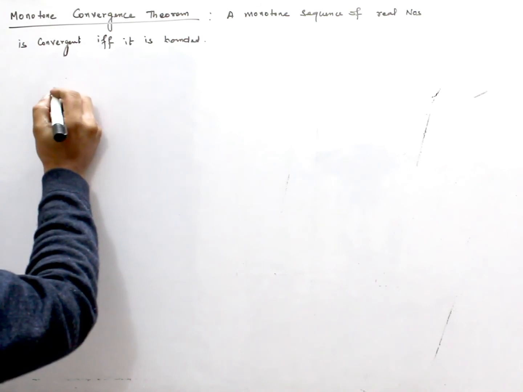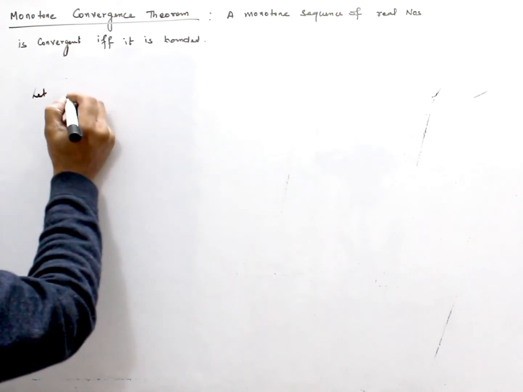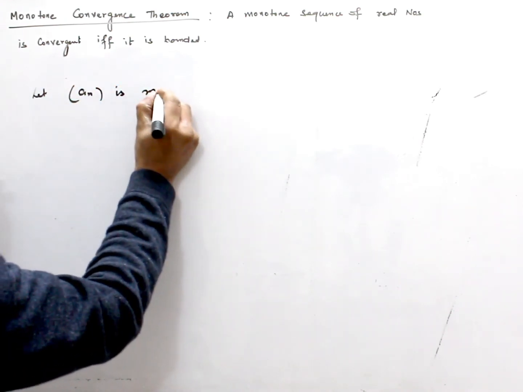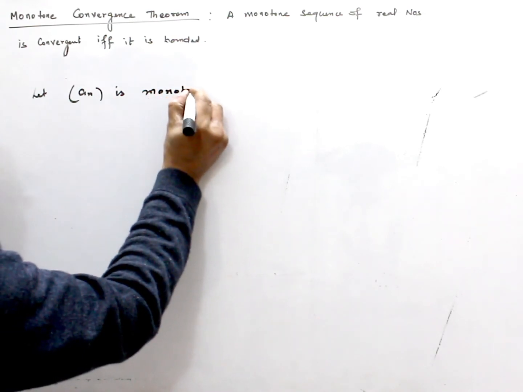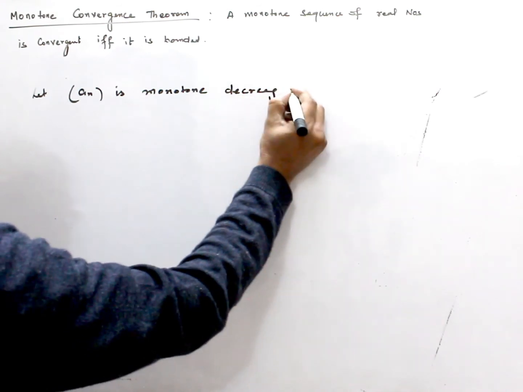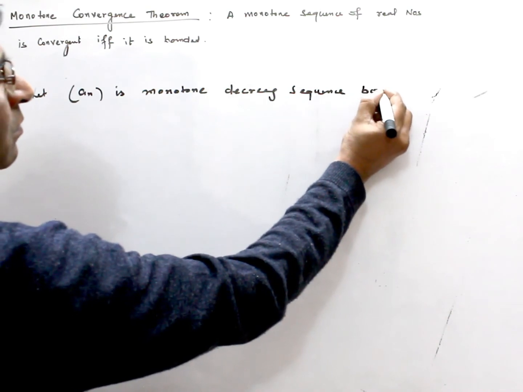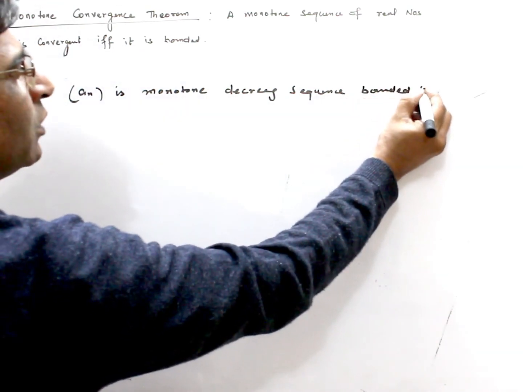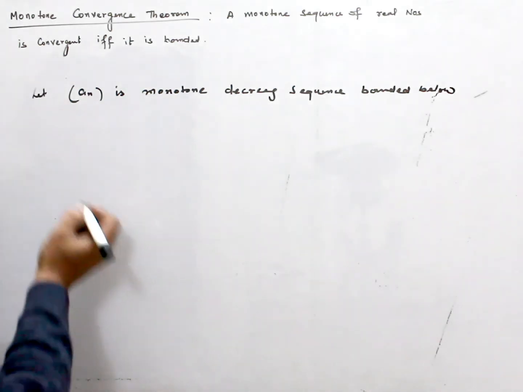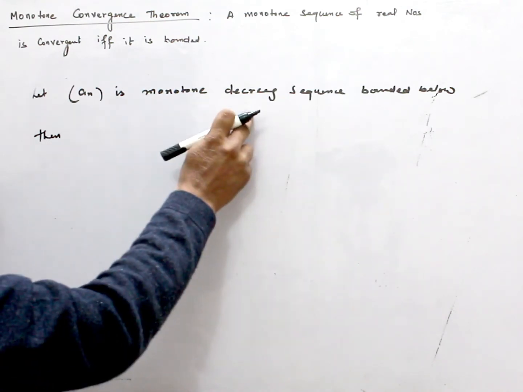Now the other part. If a_n is a monotone decreasing sequence bounded below, then it is a decreasing sequence.